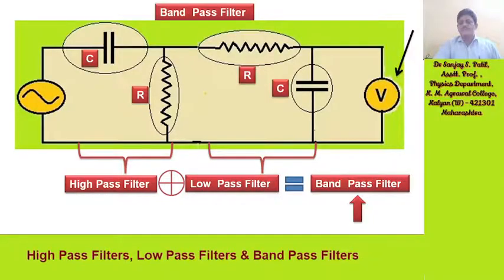So we will get the result of the band pass filter on the voltmeter connected here. Whatever the corresponding frequency applied, correspondingly the voltage will be measured and noted with this voltmeter.